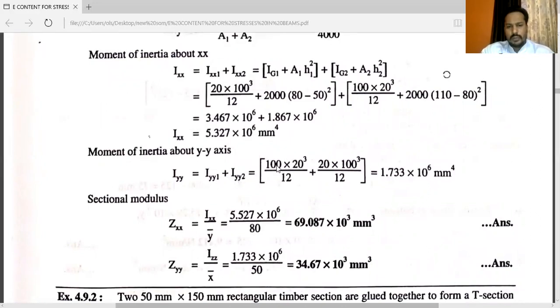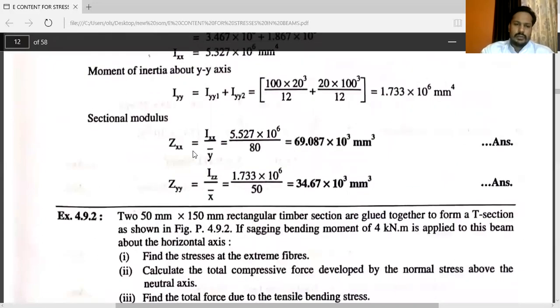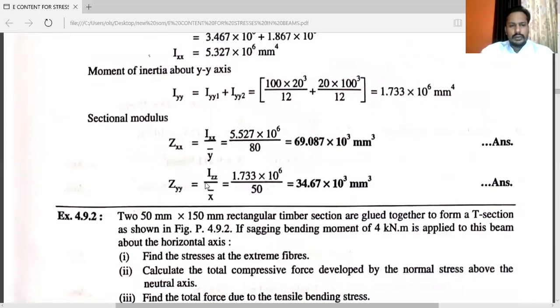Here the formula will be d b cube by 12, d b cube by 12. So the answer will be 1.733 into 10 raised to 6 mm raised to 4. Now we have the value of Ixx and the value of Iyy. Here you can do the necessary correction: instead of Izz, there is Iyy.